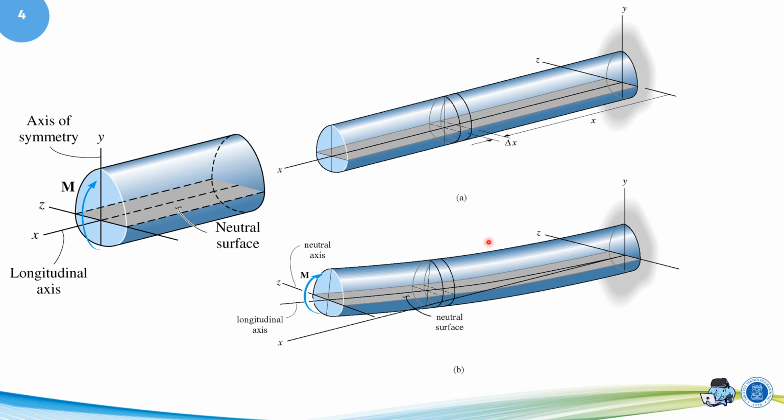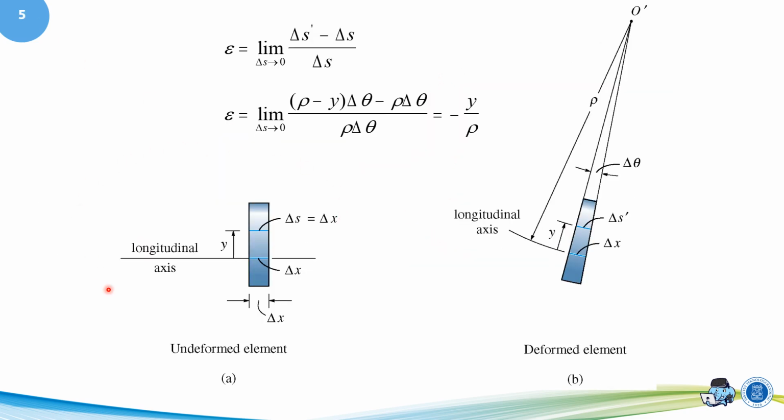The next thing that we should do is to analyze in detail this particular small section before the bending happened and after the bending. This is the section before the bending and when the bending happens. As you can see, at the natural axis, the length here will still be the same.